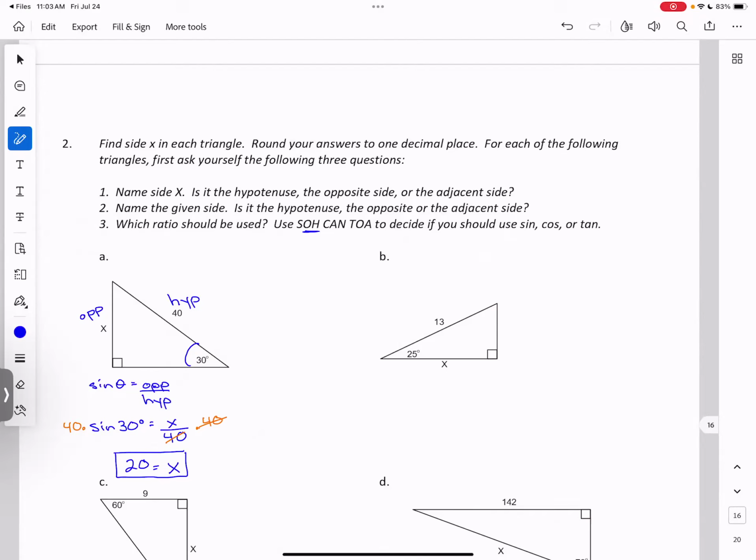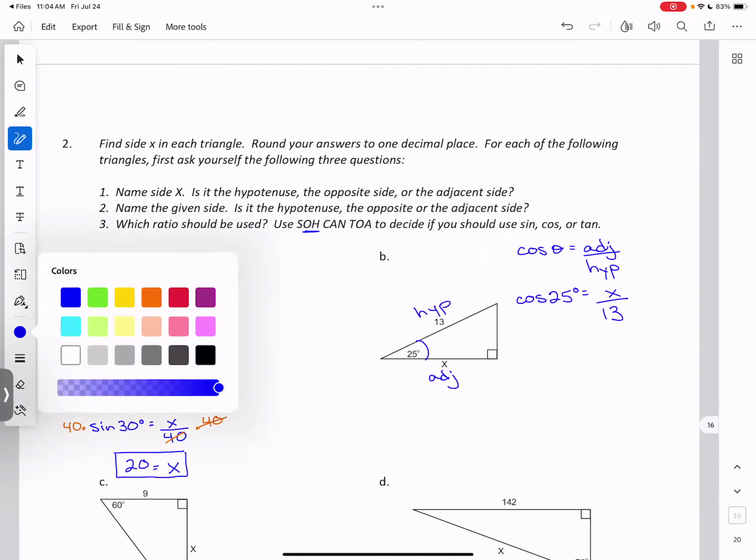Okay, next one. So let's label our triangle first. So relative to that angle 25, x's are adjacent, and we've been given our hypotenuse. That means we're looking for a ratio involving adjacent and hypotenuse, and that's cosine. So cosine of any angle theta is adjacent over hypotenuse. So cosine of our angle 25 degrees equals x over 13.